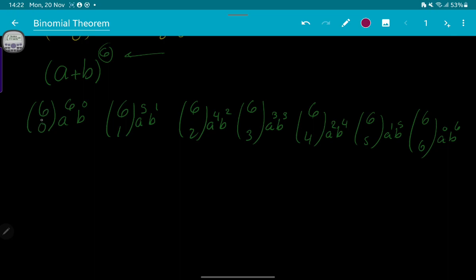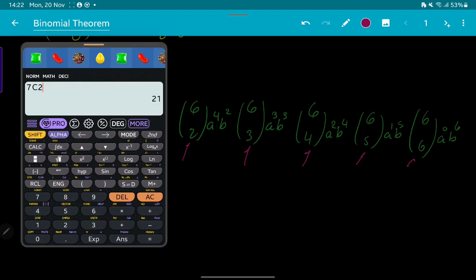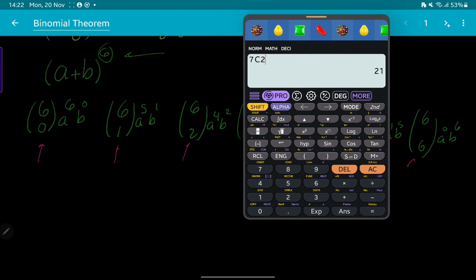We can use the calculator to calculate each one of these. So the first one, 6 shift C 0 is 1, so this is 1. And b power 0 is also 1, so this is 1 times a power 6, so the answer of the first term is a power 6 plus.